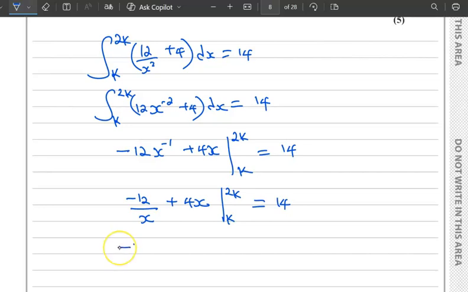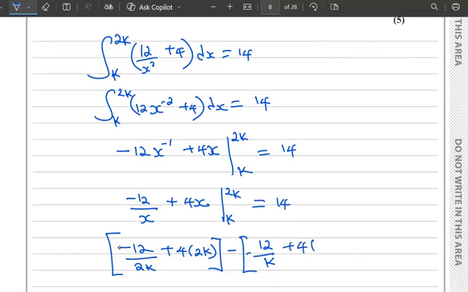So if we do that, this is what we're going to have: negative 12 over 2k plus 4 into 2k, this is the first one, minus when x equals k, we'll also have negative 12 over k plus 4 into k, and this should equal 14.